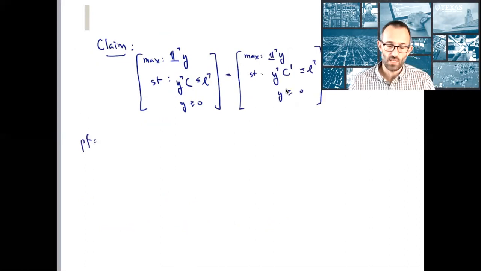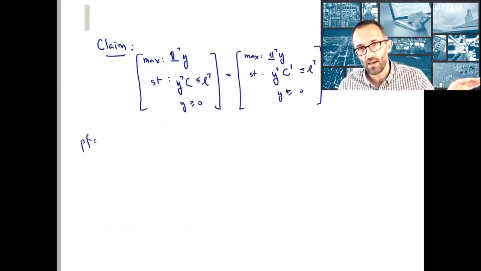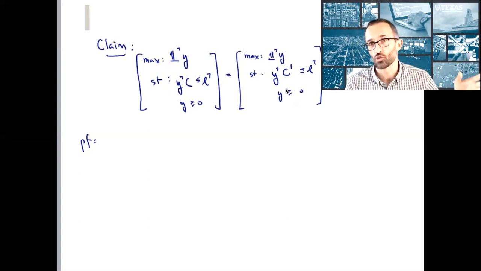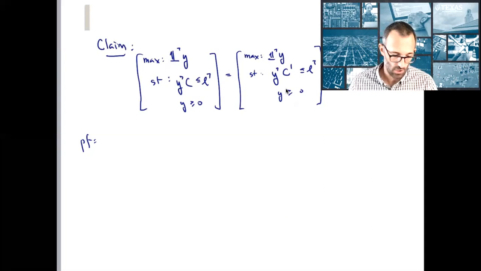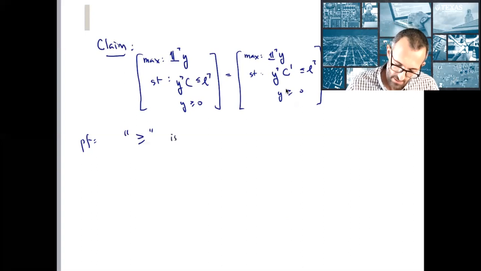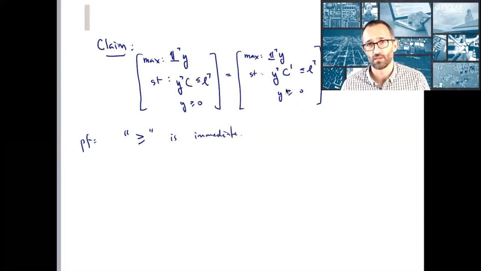So one direction is immediate. What have we done here? Note, I have thrown out rows. Rows in the primal correspond to constraints, but rows in the dual help us. They give us more power. So this inequality is immediate. You can also think about this through a duality perspective.